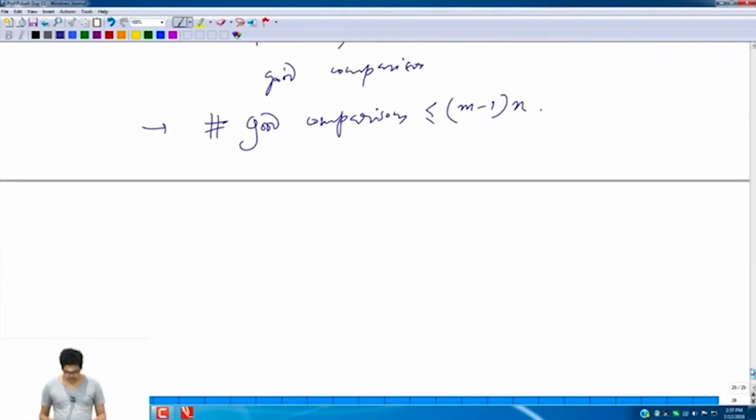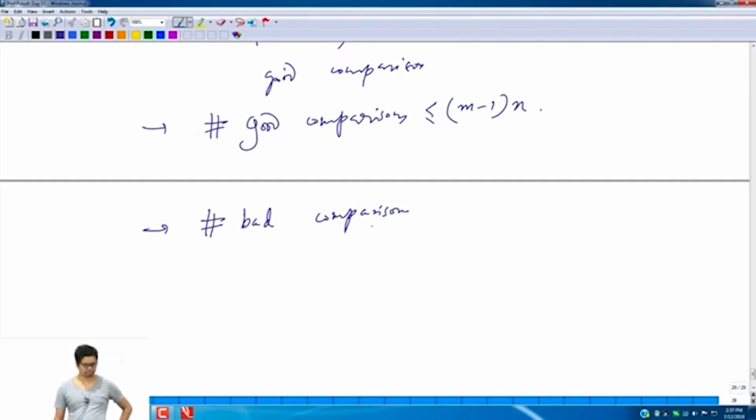Okay, so now we have computed the total number of good comparisons. Let us compute the total number of bad comparisons. Again, we call a comparison bad if, for R_{i-1} and R_i, and A_i and A_j, suppose they are compared and they are ordered differently.